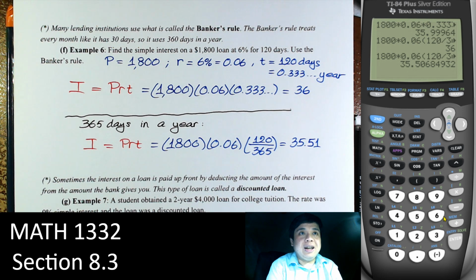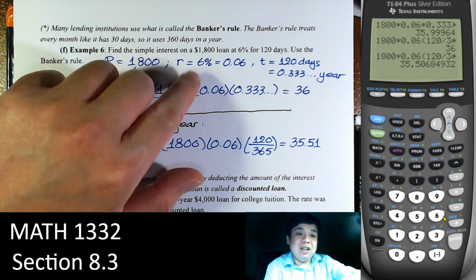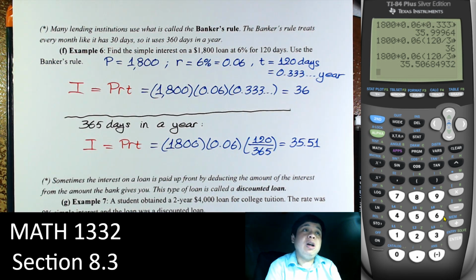So that is the fine print. Of course, if we read that and understand that, that's perfectly fine. Like I said, the difference is only 49 cents compared to the actual loan amount. But if you borrow a bigger amount, all the fine print is really important. And for the banking institution, that means a lot.